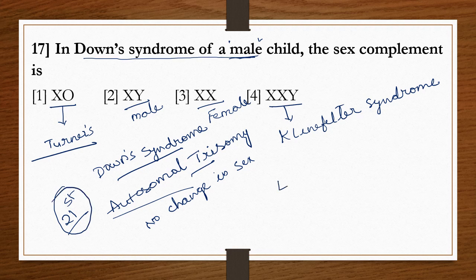That means the autosome number is increased to 45 instead of 44, but the sex does not change. That means it is normal. Here the question asks about a male child, that is 45 autosomes plus male XY. So XY is the representation of that male child with Down syndrome. So answer 2 is correct.